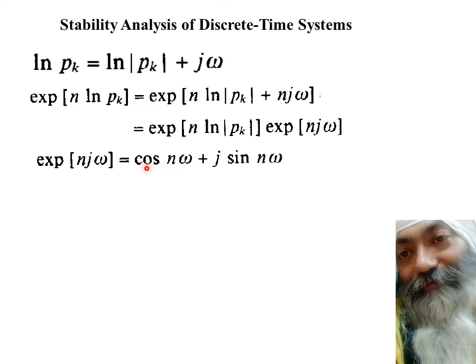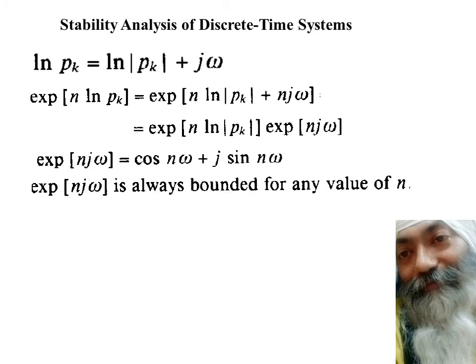You know that cos cannot go more than 1, cannot go less than minus 1. Same is the case with sine. Sine cannot go more than 1, cannot go less than minus 1, whatsoever may be the value of n, whatsoever may be the value of omega. So the sum of this will always be bounded. This is something very simple, but it needs some attention, that this value has to be quite bounded as such.